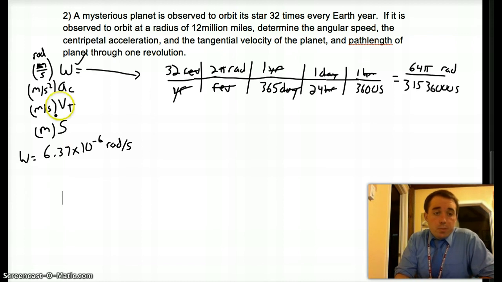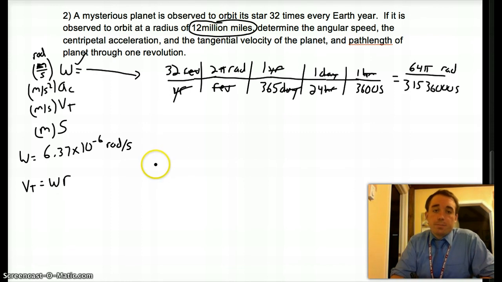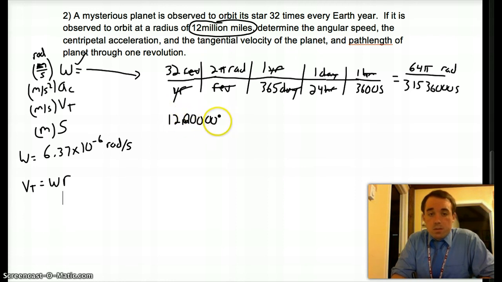Doesn't really matter which one we want to do next. I'm going to pick VT, just because it's in my mind that the tangential velocity is equal to omega times r. Well, r is given in 12 million miles. So I got to change that because I don't like miles. So I'm going to do another conversion. 12 million, which is that many miles.